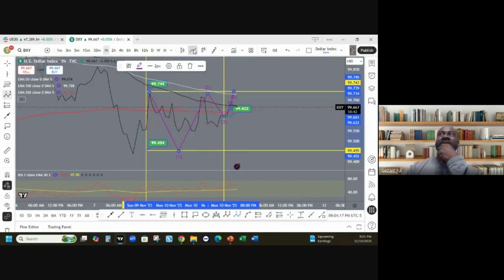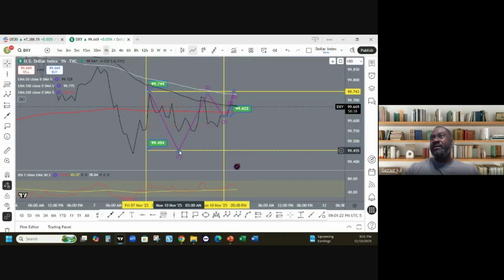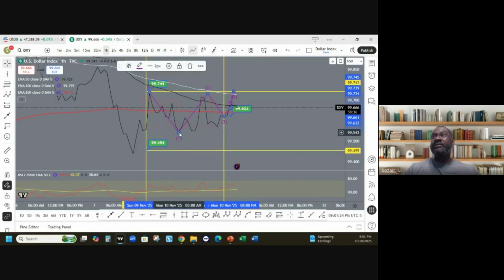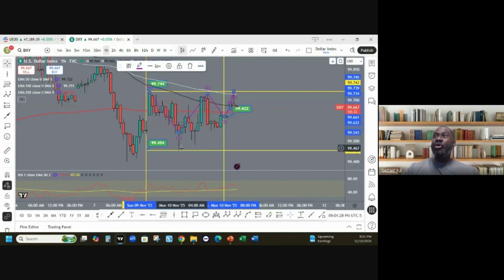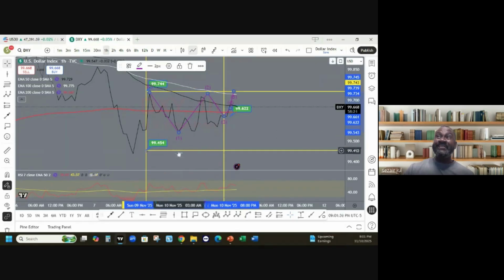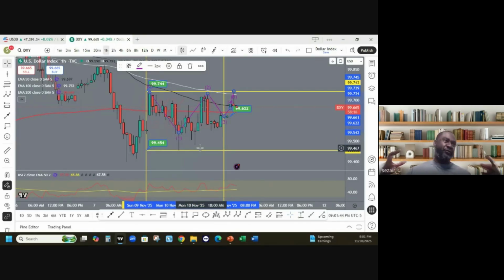The line chart is deceiving because it's telling you the lowest price today was here. Actually, when you put it in candlestick, it goes all the way down here. So if you're trading this, your account might be bleeding all the way down here. You have no idea. That's why we're gonna study candlestick, because it gives you a full picture of what's happening in the market.